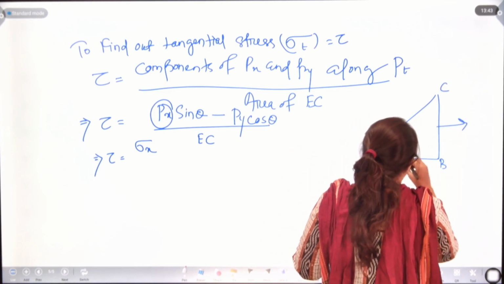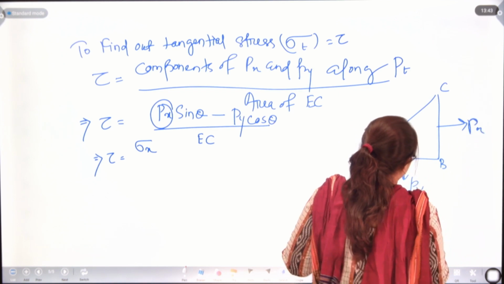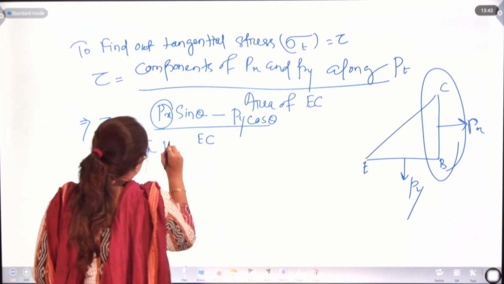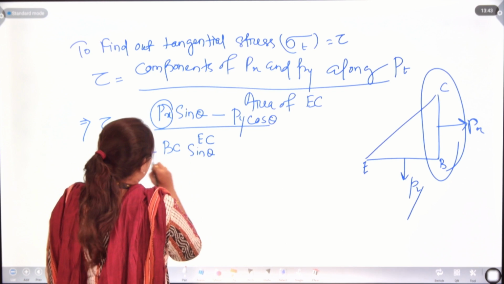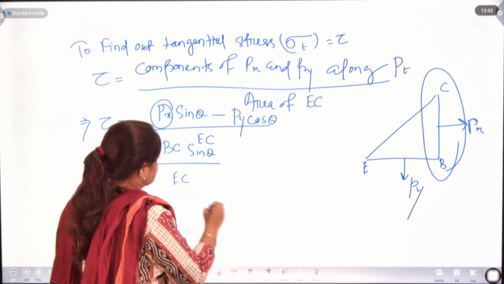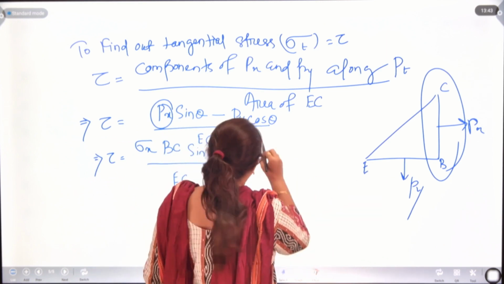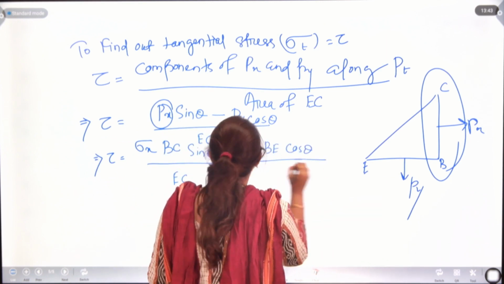So this is our Px and this is our Py. So this will be BC sin theta upon EC minus sigma y into Pe cos theta upon EC.